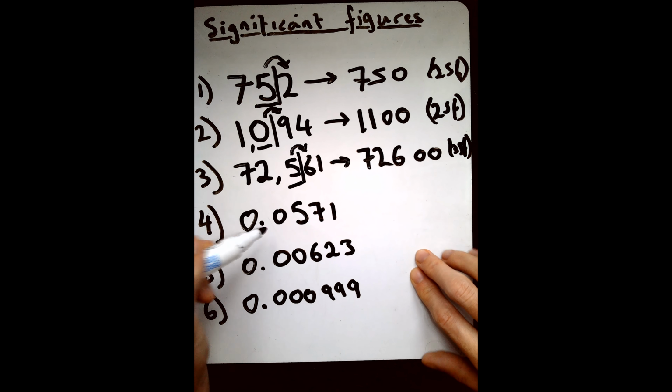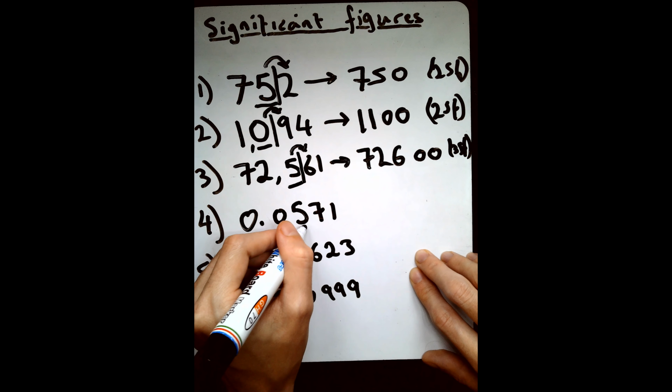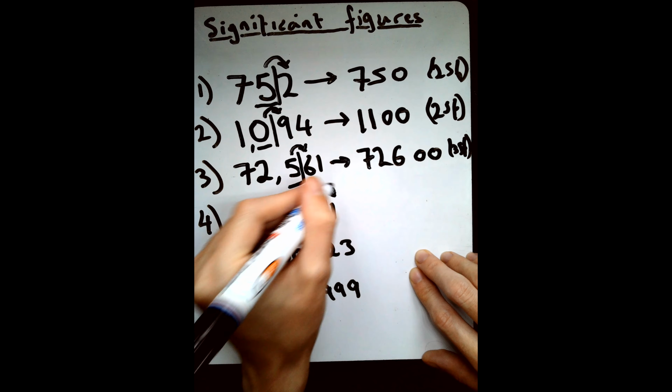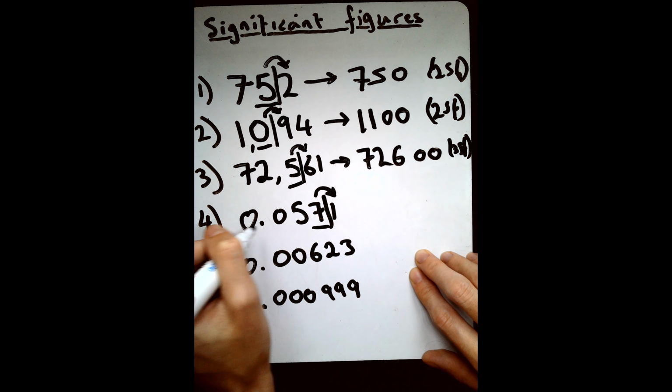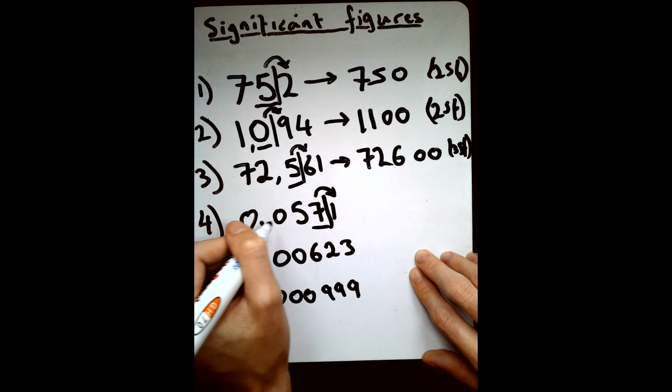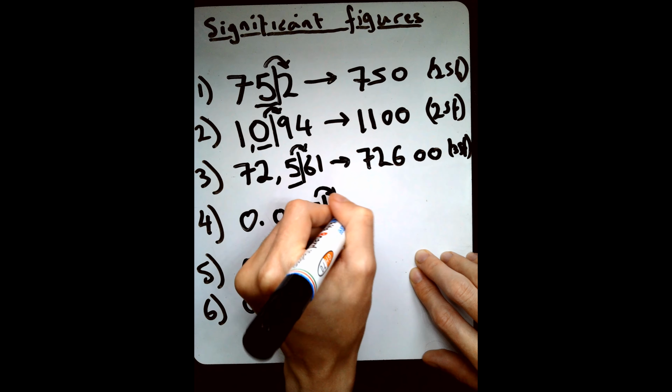Number 4, 0.0571. We're going to do this to 2 significant figures. Zeros at the start don't count. So 1, 2. Imaginary wall, look over. So these digits before the wall, 0.05, they're always going to stay the same.